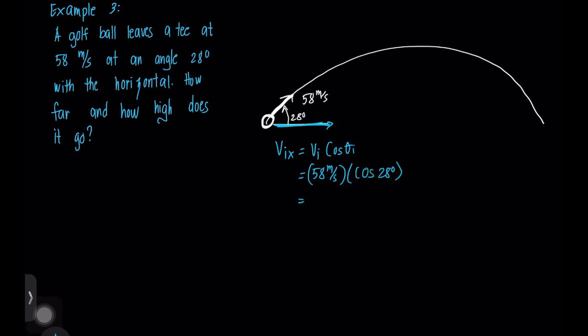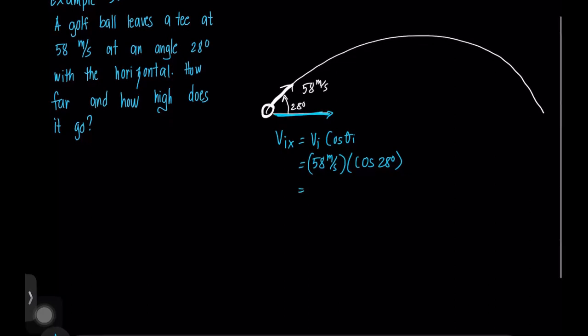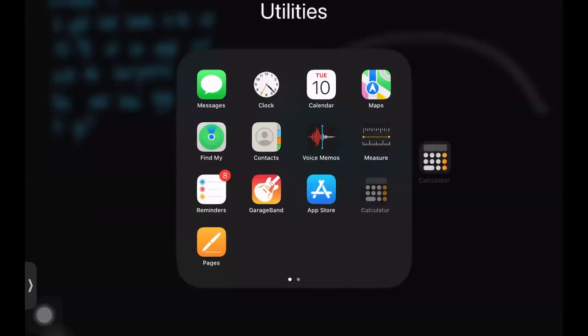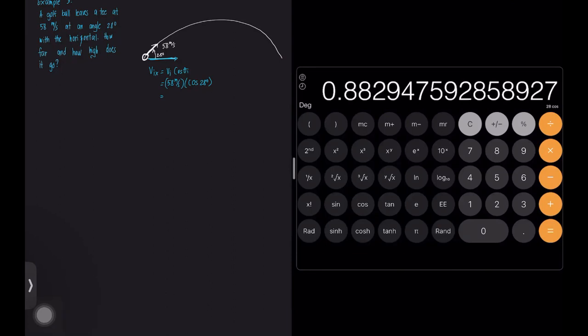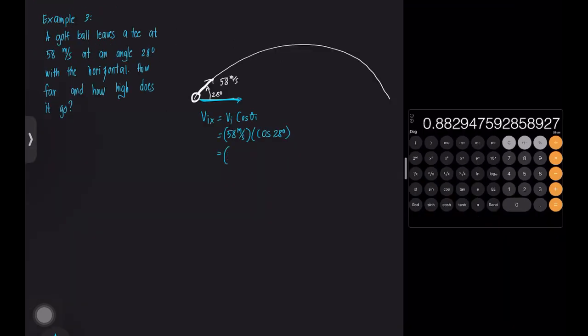Cosine 28 is 0.88, so this is 58 meters per second times 0.88.